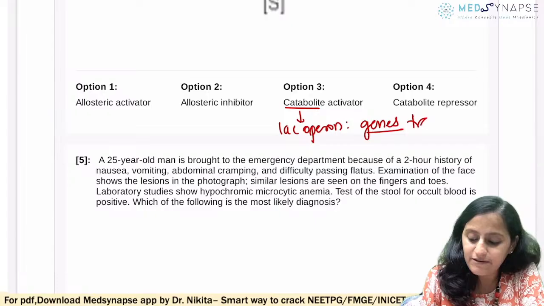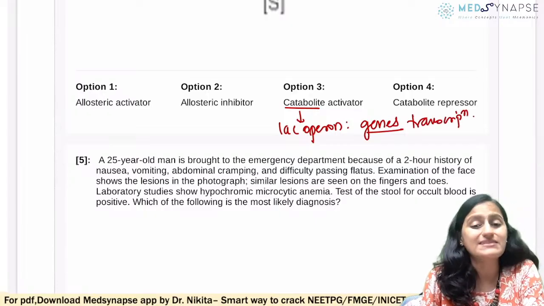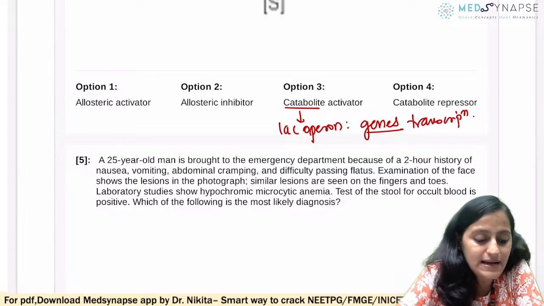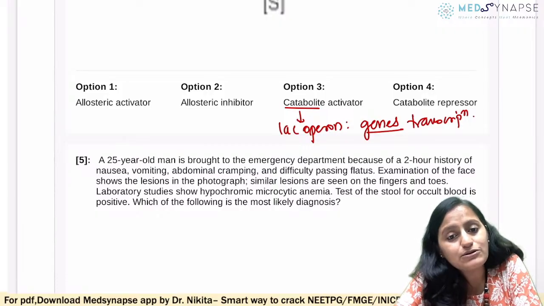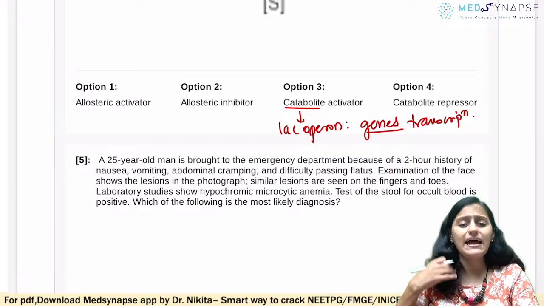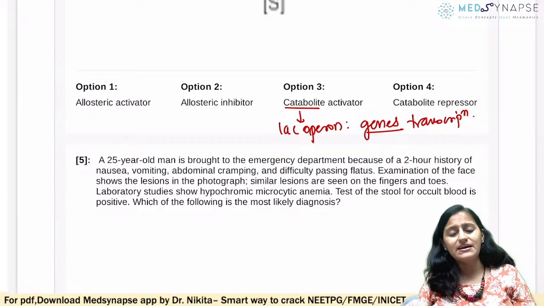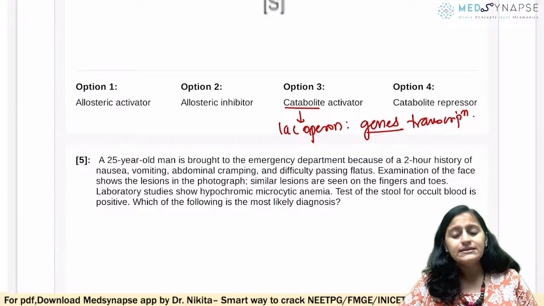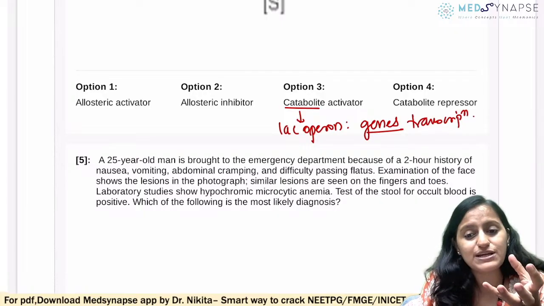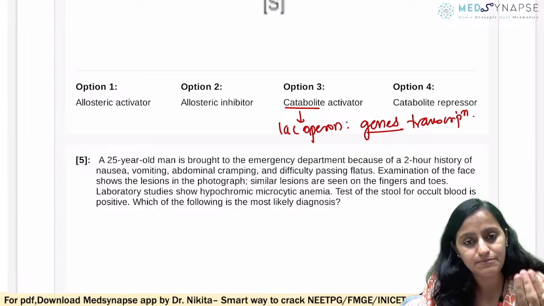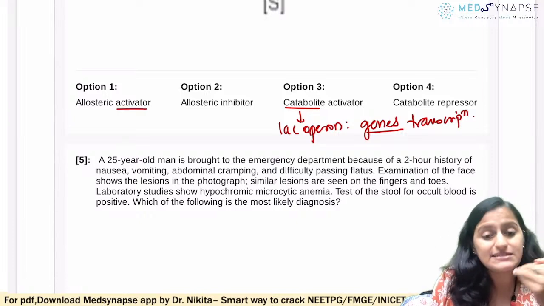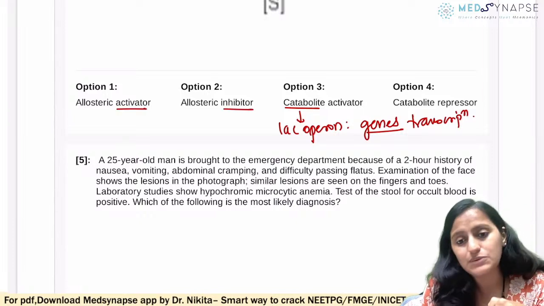That is what catabolite activator and repressor are. Allosteric means a different site. They act on the enzyme at a site and cause a conformational change in the enzyme, which changes the affinity of the enzyme for the substrate. So activator means it will activate and inhibitor means it will inhibit.